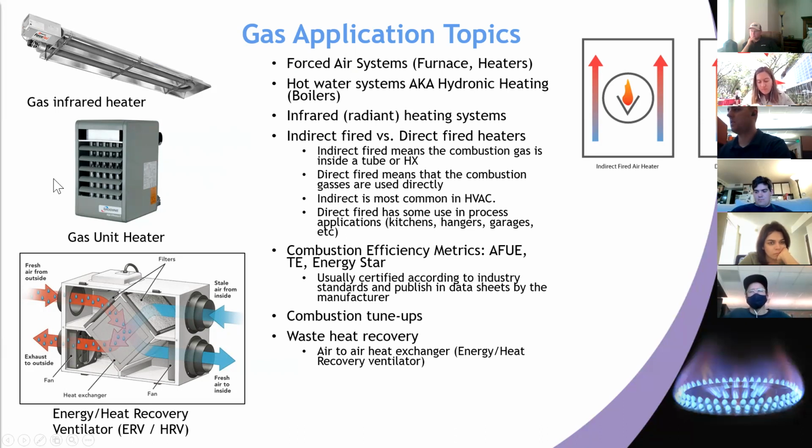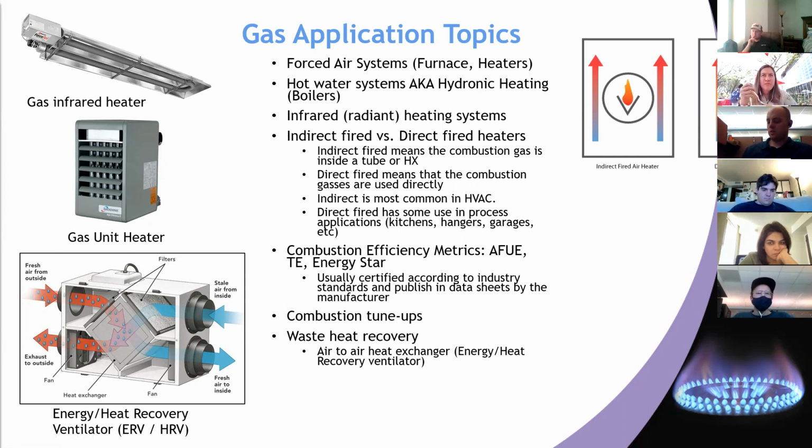This is basically just a hanging furnace, and a lot of times in hangars or big bays, they'll just be up on the wall in one of the corners. These are basically pieces of equipment that you send gas through, you burn it, and you transfer that heat into air, and that air is distributed through the building. So your furnace at home sends air through the ducts, and that air leaving the ducts through the rest of your space is how your home stays warm and toasty.